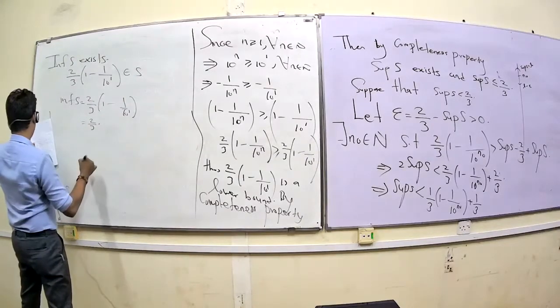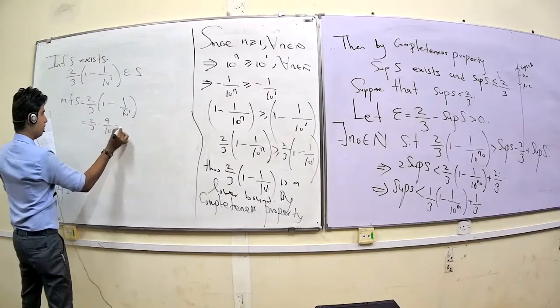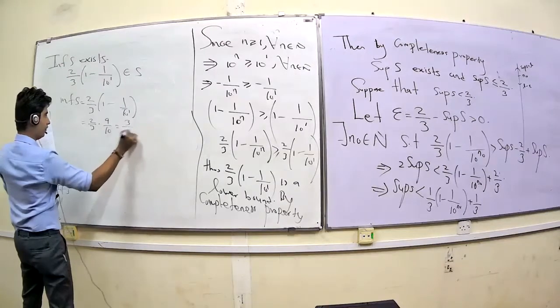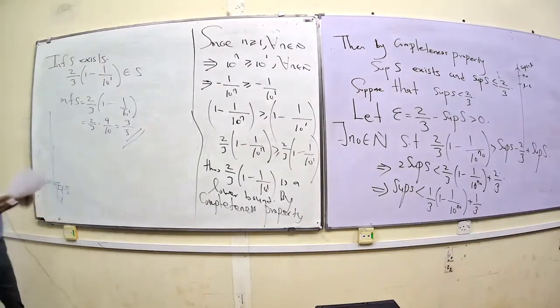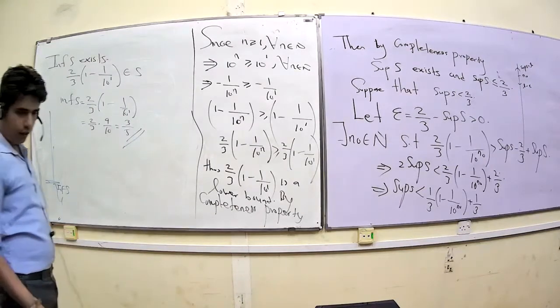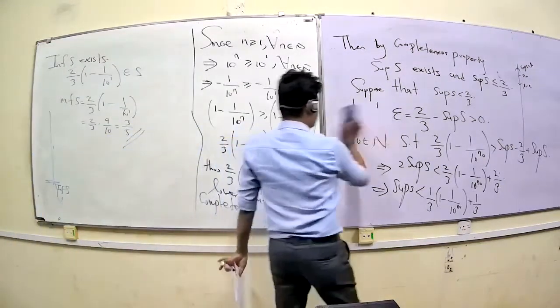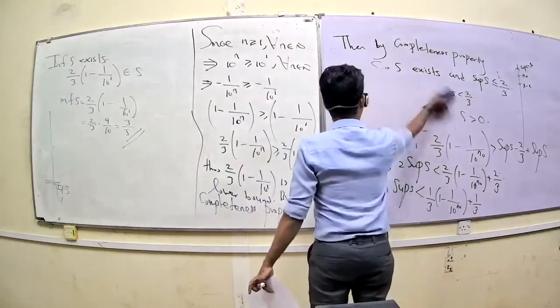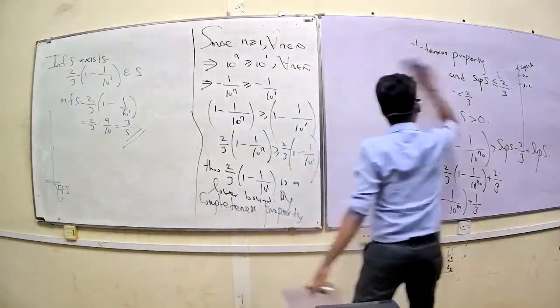You can simplify this and you get 3 over 5. Very easy part, okay? 3 over 5. I move to the next question, which is a bigger question.